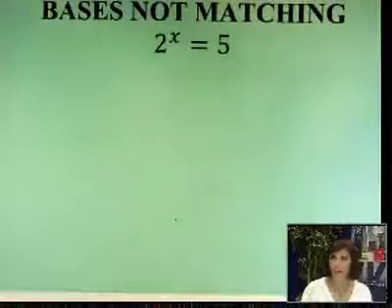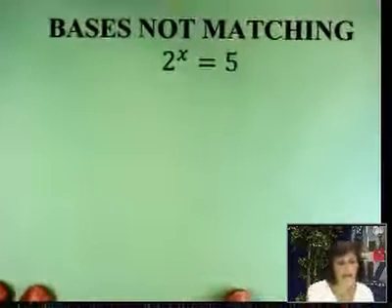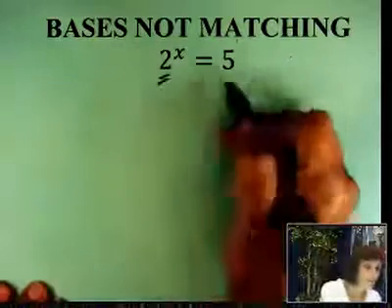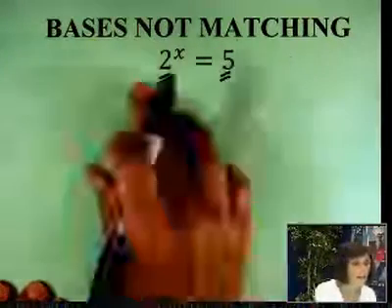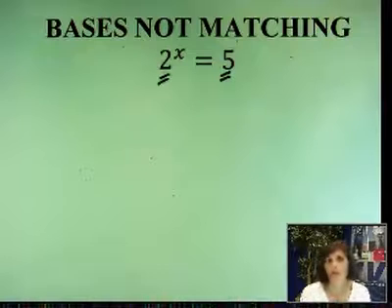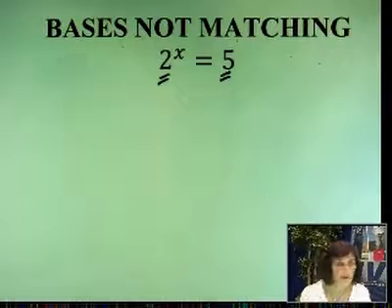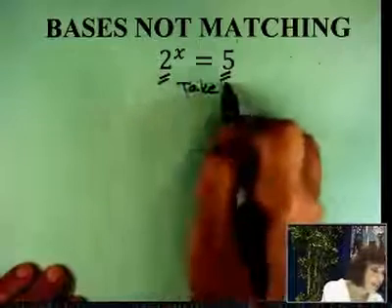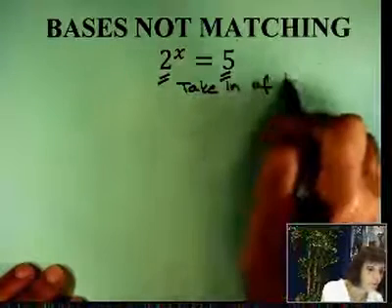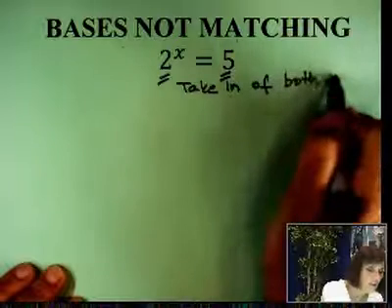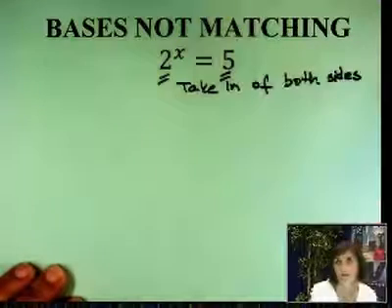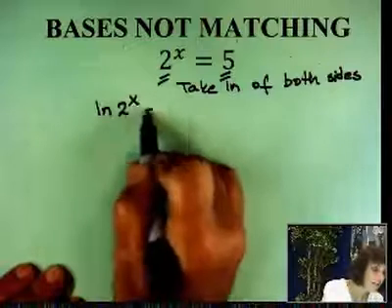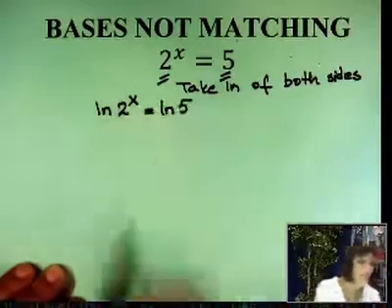All right, now what happens when the bases don't match and you cannot make a match? Here's a 2, that's a prime, here's a 5, that's a prime. There's no way I can break them down and make them have a common base. This is what you do. Take ln of both sides. You can also do that with log. Watch. ln 2 to the x, ln 5.